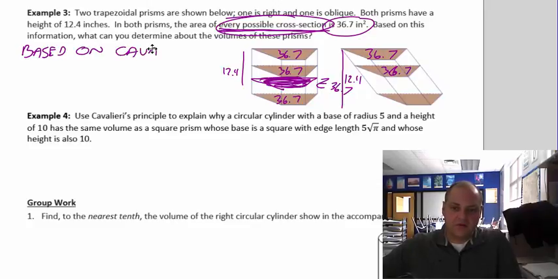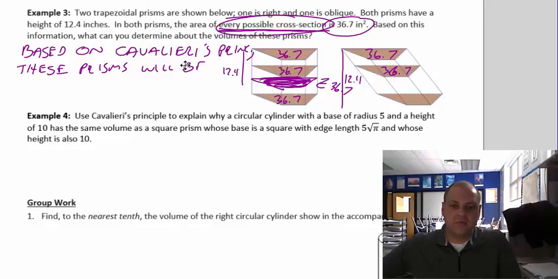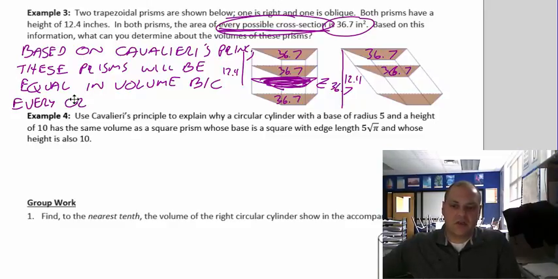Okay, so we're going to put: based on Cavaliere's principle, these prisms will be equal in volume because every cross section has the same area.